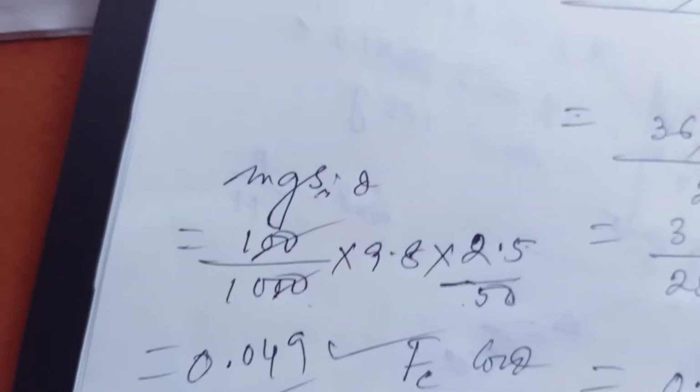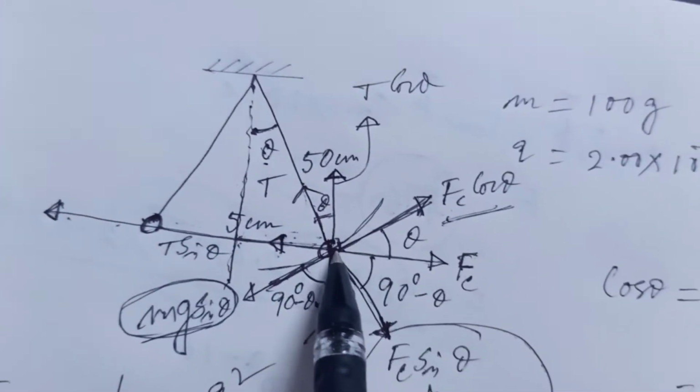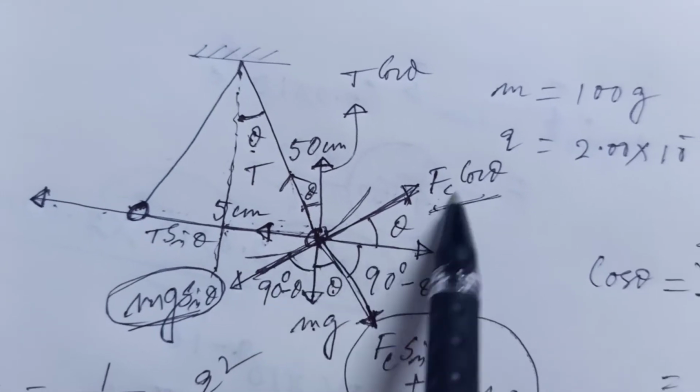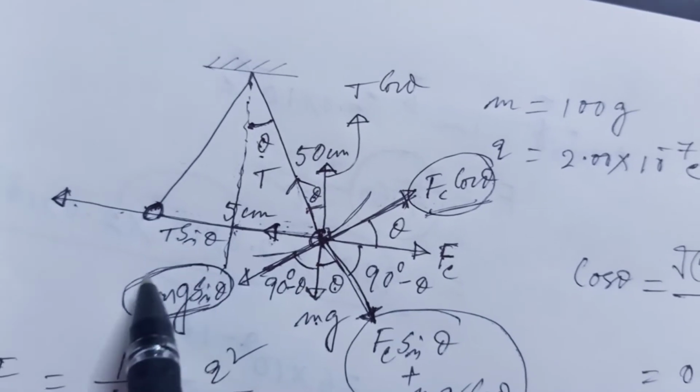Then you have to subtract this one, because that particular ball moves along this direction, so the resultant force is this minus this one.